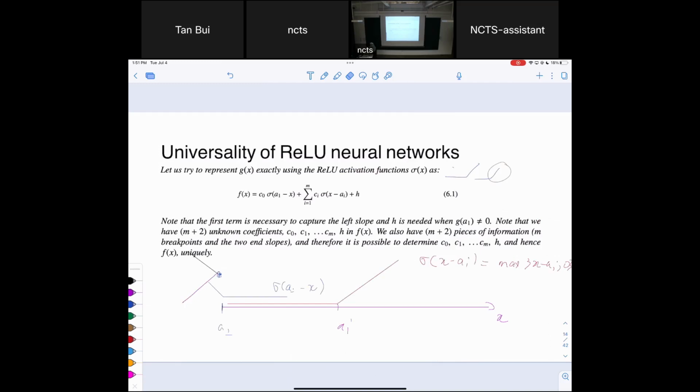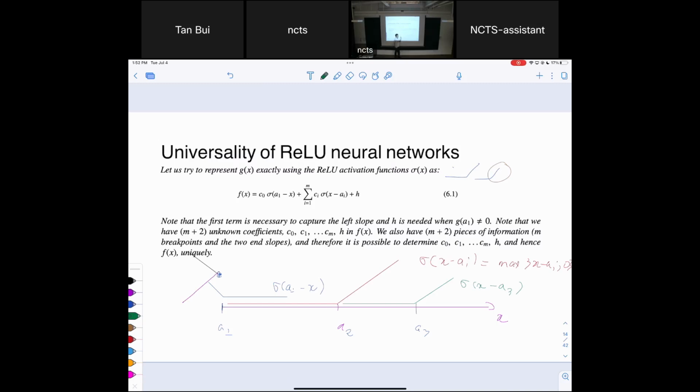Let me draw this. Maybe a2 here, and then this is a3. This is sigma of x minus a3. I'm at a2 right now. Sigma of x minus a3 is 0 on the left and non-zero on this side, so this function is 0 at a2. Sigma of x minus a4 will be like this, so it's also 0 at a2.